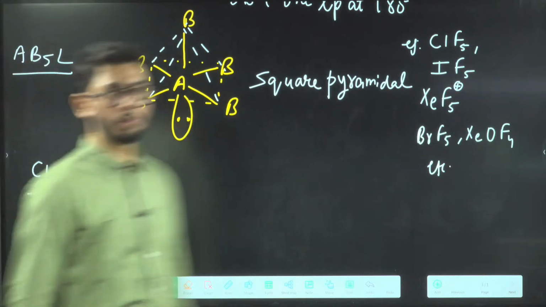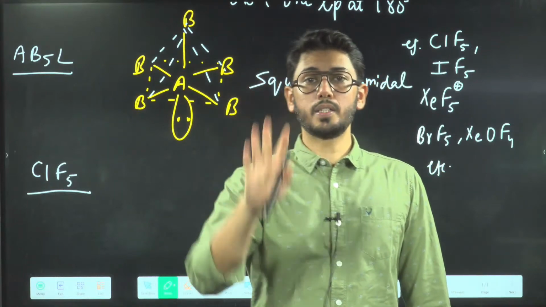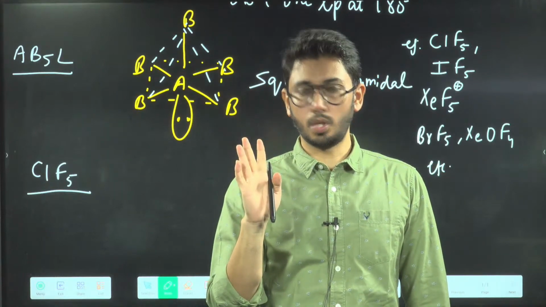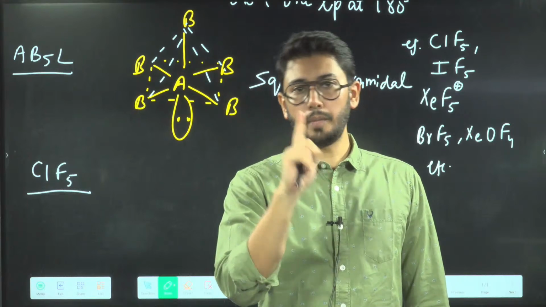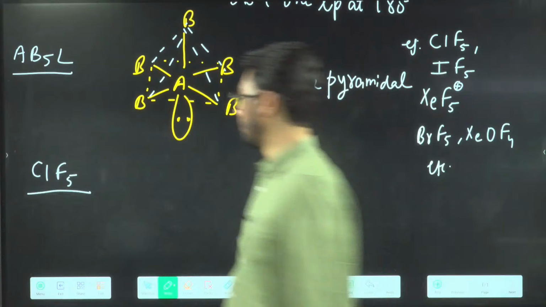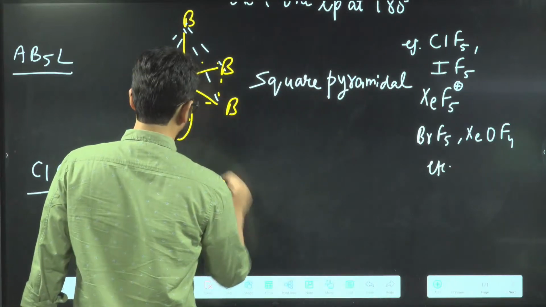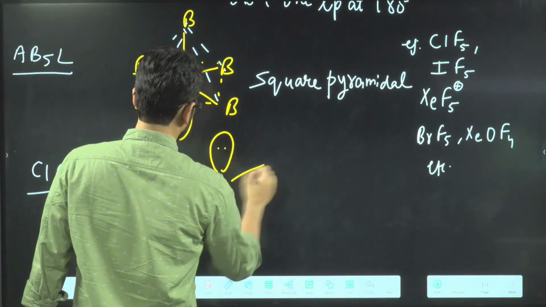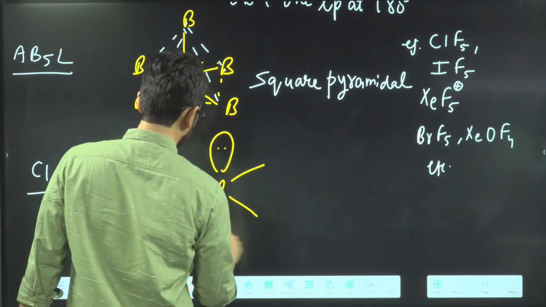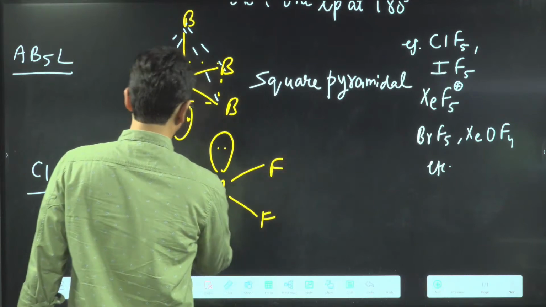In chlorine, outermost how many electrons? 7. Out of 7, 5 participated with fluorine. So how many electrons left? 2. That means one lone pair. 5 bond pairs, one lone pair: AB5L type. On any bond, I can put the lone pair.